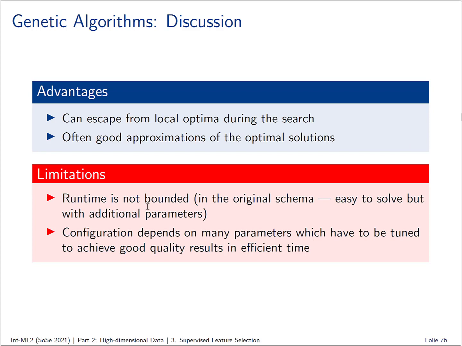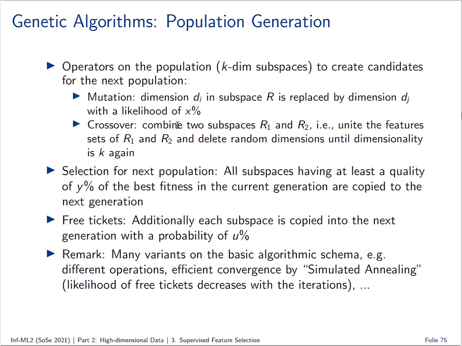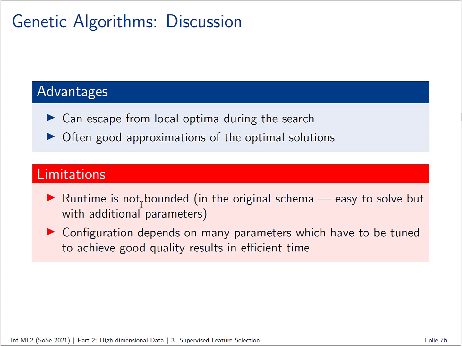Limitations: runtime is often not bounded, at least in the original schema. That is easy to solve with additional parameters like the number of populations I look at, or the number of iterations I use. However, the configuration still depends on many parameters. We just got to know three additional parameters. If we want to bound the runtime or the number of iterations, we introduce another one and another one, and all these parameters, of course, have to be tuned to achieve good quality results in efficient time.